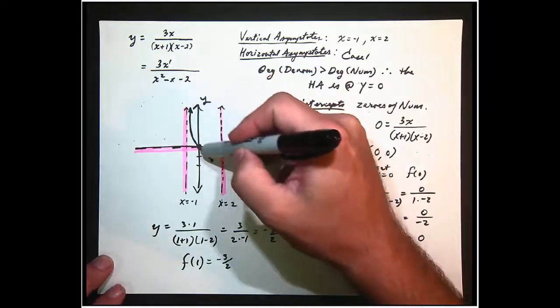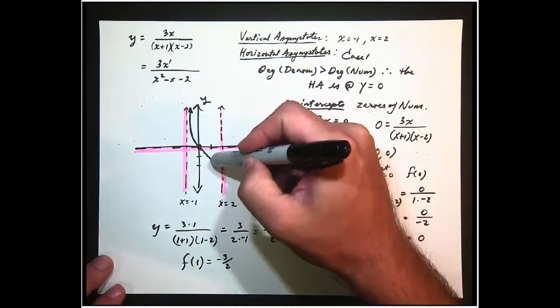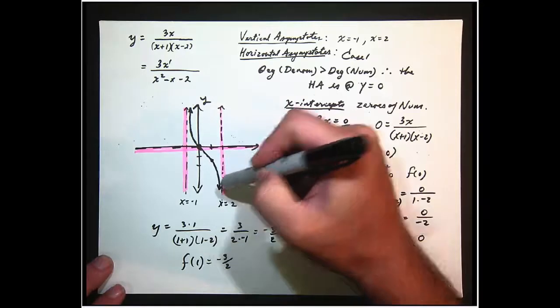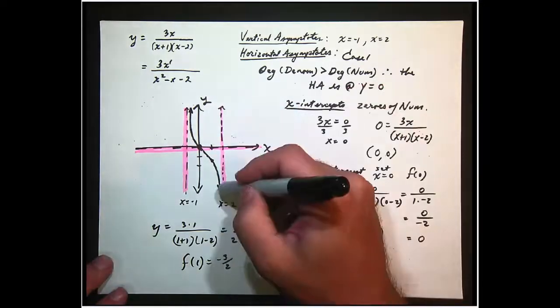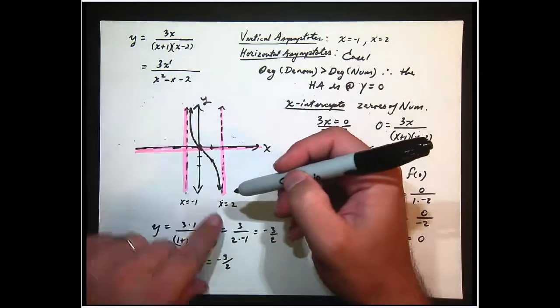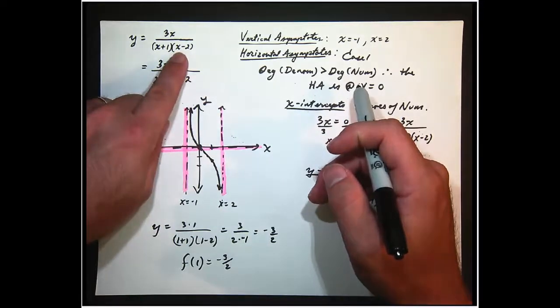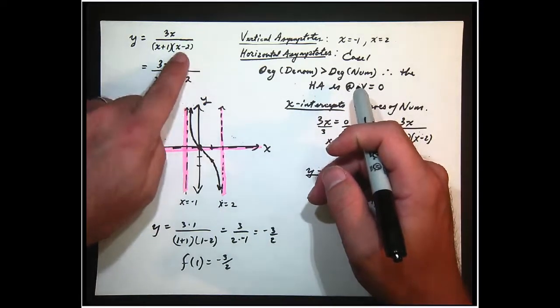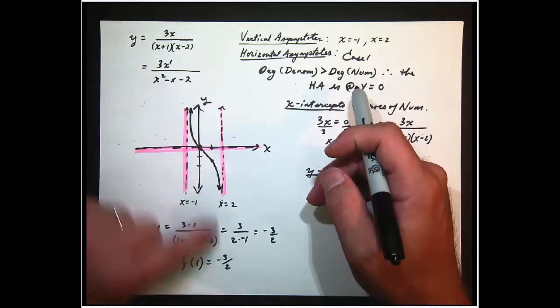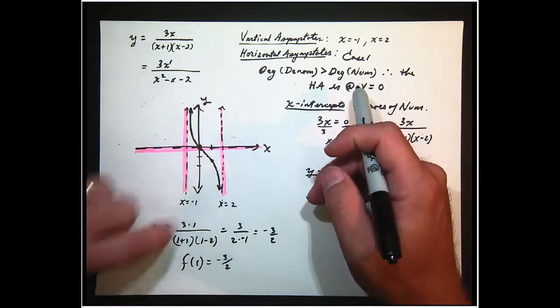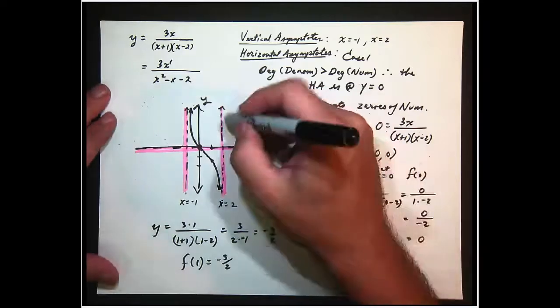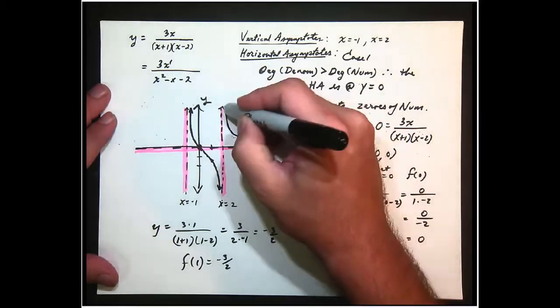Going the opposite way, I can't cross through this vertical asymptote, so I must be headed down. If I go out the bottom, this asymptote was caused by this factor. This factor is not to an even power, so I know there is a sign change here. Out the bottom, on the negative side, it must return on the positive side.